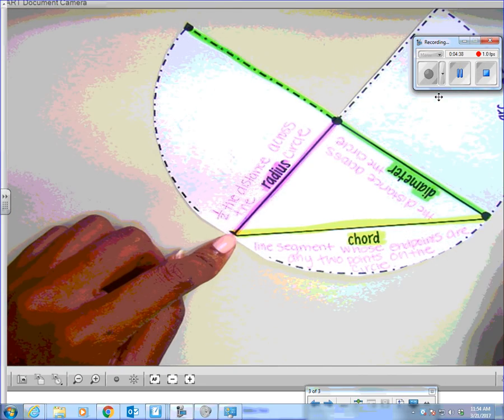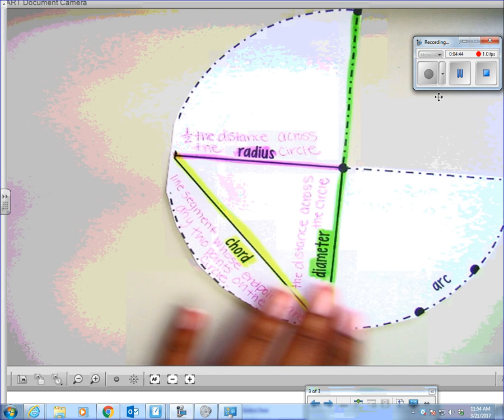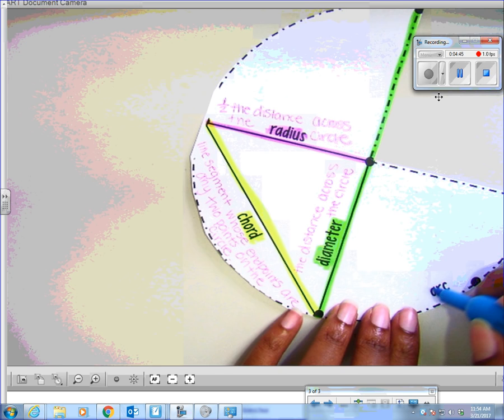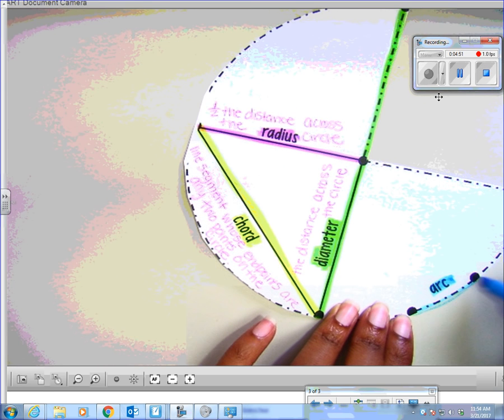Okay. And then the last thing we're going to talk about is an arc. So here's an arc. And for example, we're going to mark the arc here.